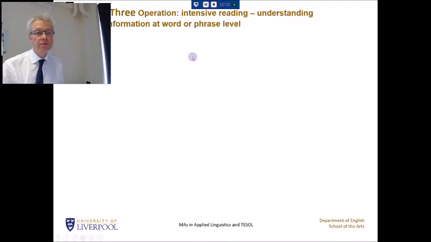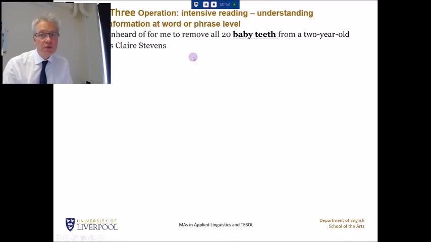So here's a sentence that we want to target, and we want this sentence to be paraphrased. The target words are going to be baby teeth, but let's not worry about that at the moment. What we just need to do is paraphrase the entire sentence.